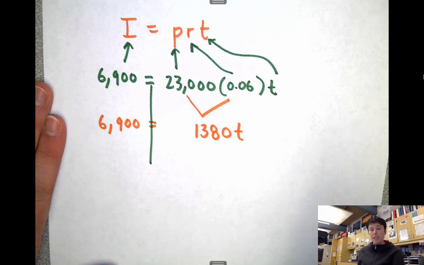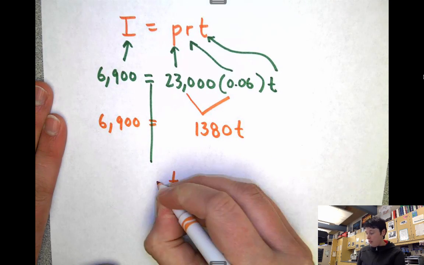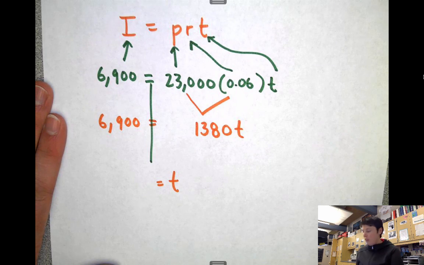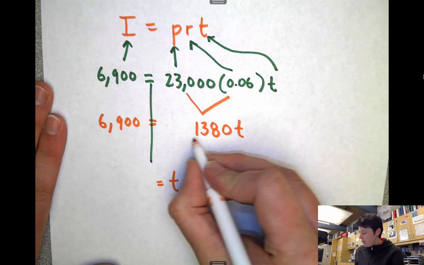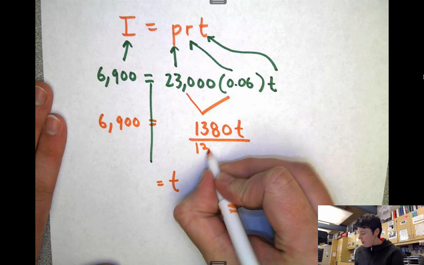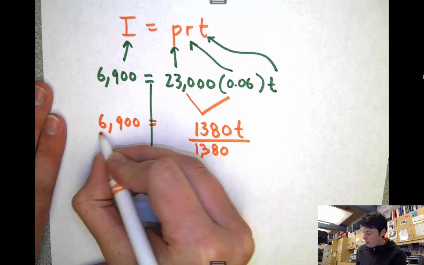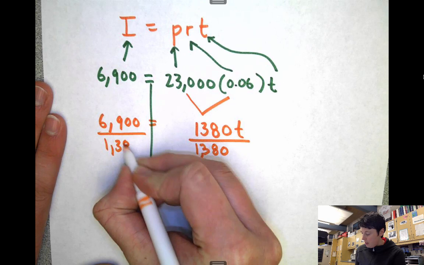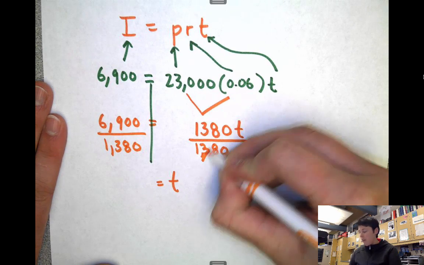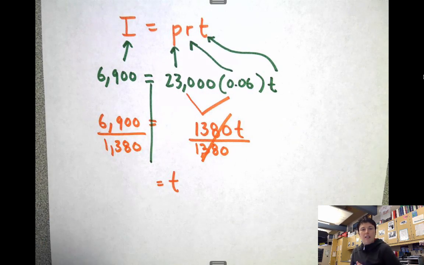Now remember, the whole idea here is we want to know what does T equal. I'm trying to get T by itself. So here's the T. Let's divide the 1,380 away. And we'll have to divide it to the other side. Divide by 1,380. That way we can get rid of that. Get T isolated all by itself.